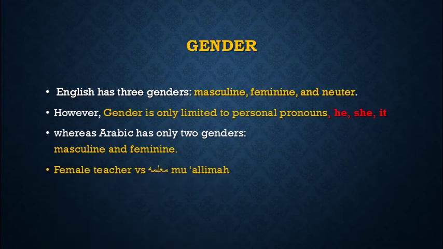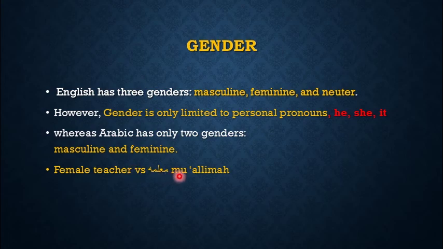For example, here you have female teacher. The word teacher here, let me point at it, does not have any kind of inflections that tell you whether it is male or female, unless you add the word female. But without the word female, you cannot tell whether it is a female teacher or a male teacher.